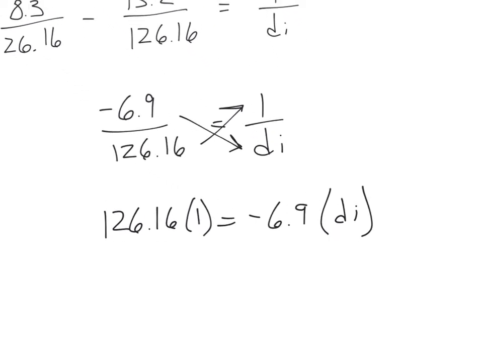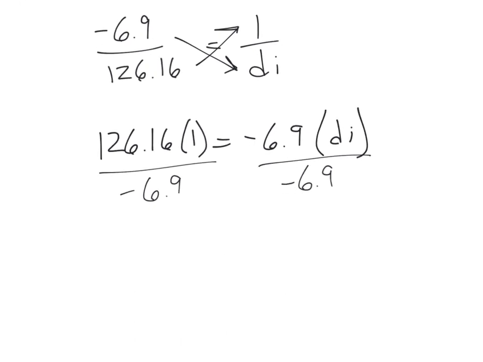Now di is still not isolated, so I'm going to isolate it by doing the opposite function of the number that's attached to it. Appease the math gods by doing it to both sides. That cancels out, leaving us with 126.16 divided by negative 6.9, which is 18.28.